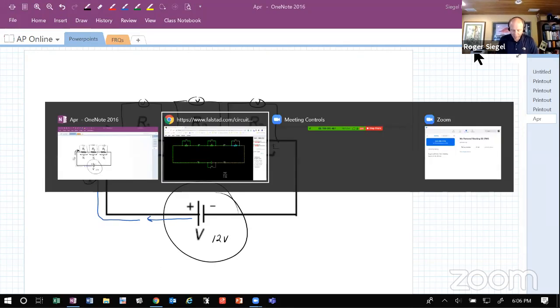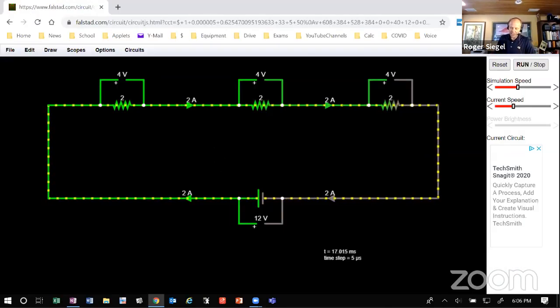What I love about the simulation is, first of all, we get the animation of the current, and we can actually play with this if we want to, and we'll see what happens. So you can see here that I've got a voltage gain of 12 volts. Now, I'm looking at this, and I'm realizing that when I built this simulator, I put these voltmeters on backwards.